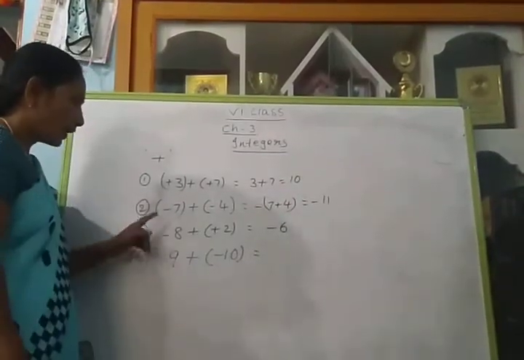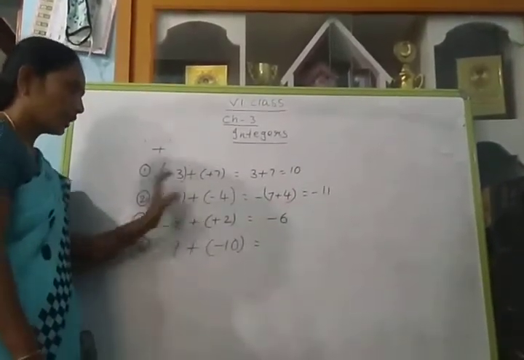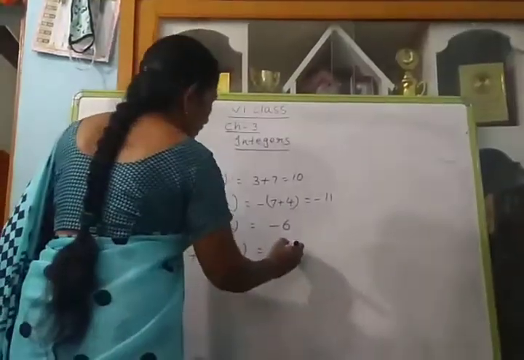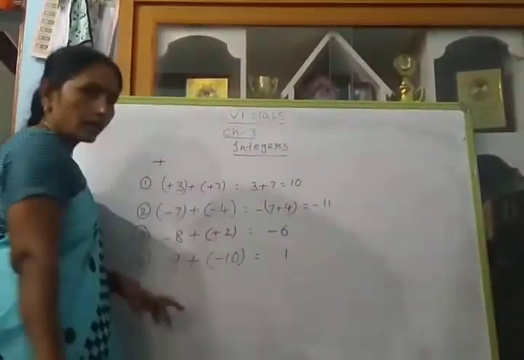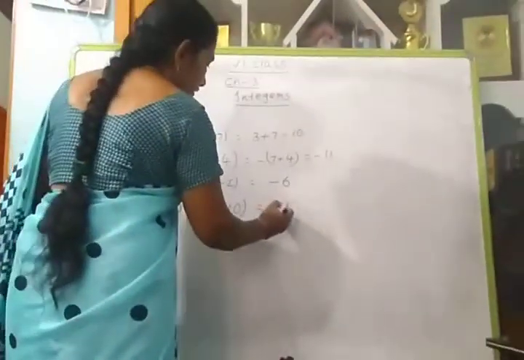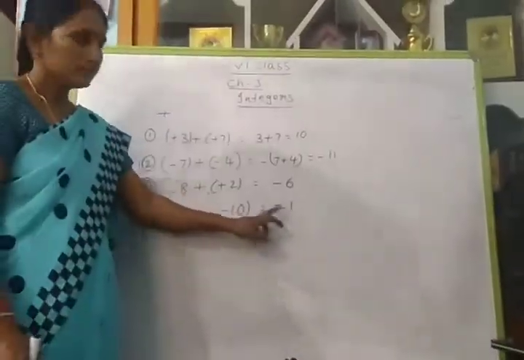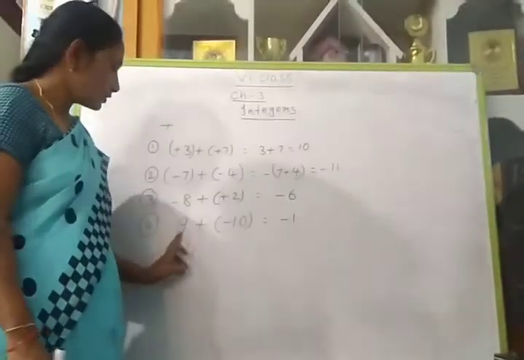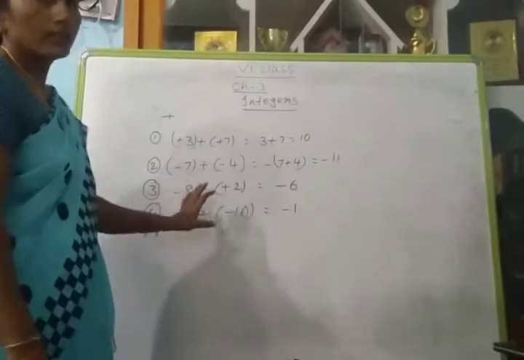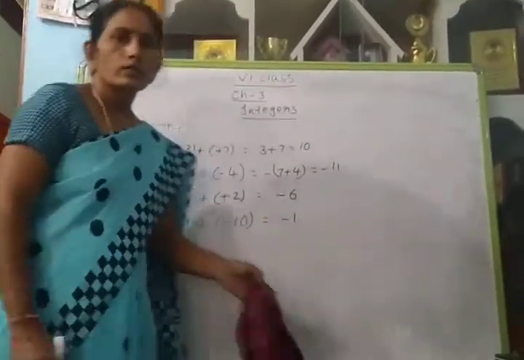When adding one positive and one negative, first take the difference: 10 minus 9 is 1. Then see which is the greater number of the two, and write that sign in the answer. 10 has minus, and 10 is greater than 9, so we write minus. Like this we add integers. So thank you, have a nice day.